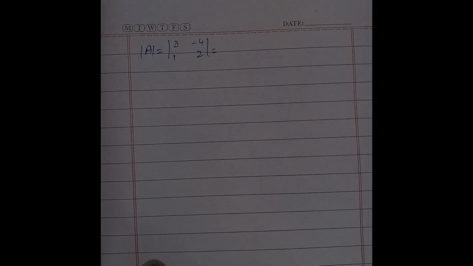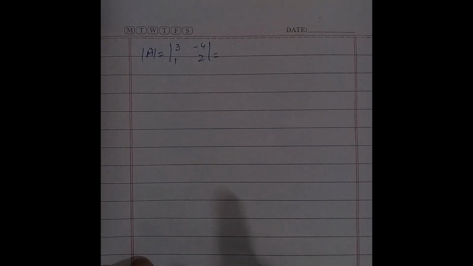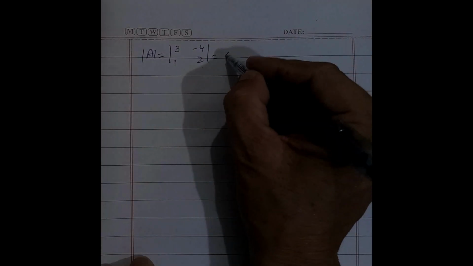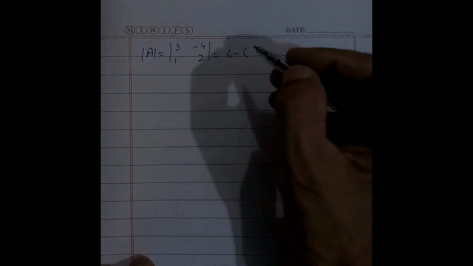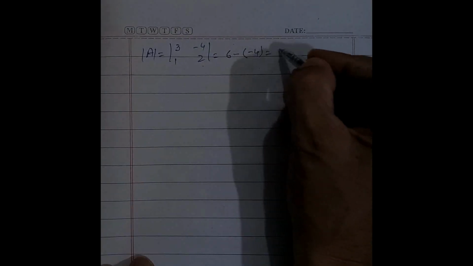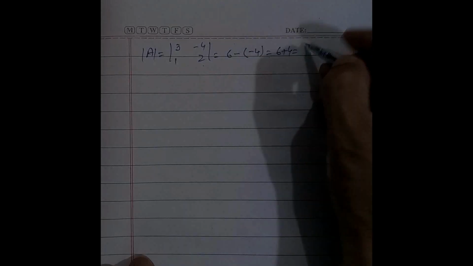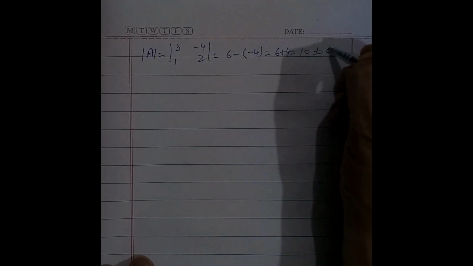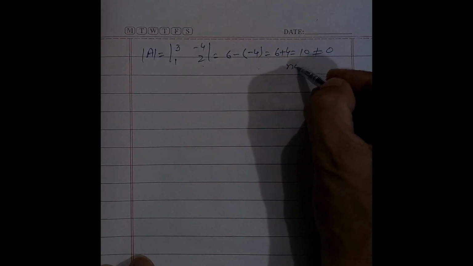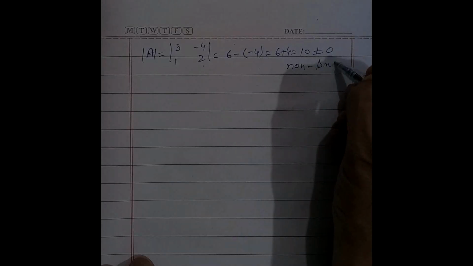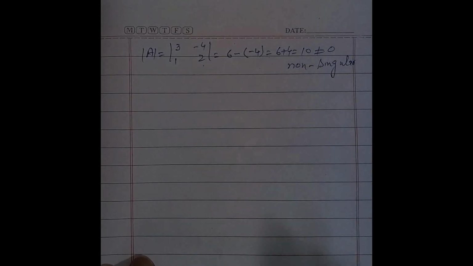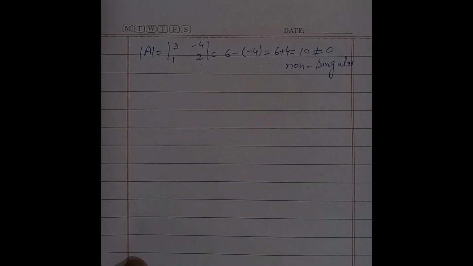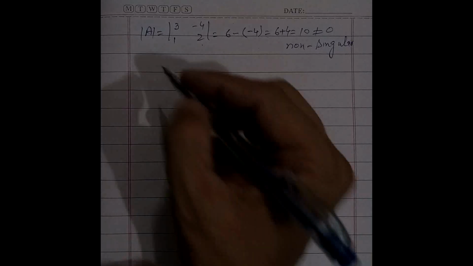Now solve these values for finding the determinant of A. 3 2s are 6, minus 4 multiplied by 1 is equal to minus 4, so 6 plus 4 is equal to 10, which is not equal to 0, so it is non-singular. And now we find A inverse, and before finding A inverse we find the adjoint of A.